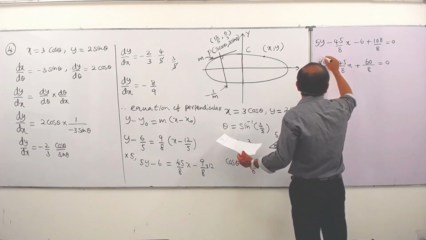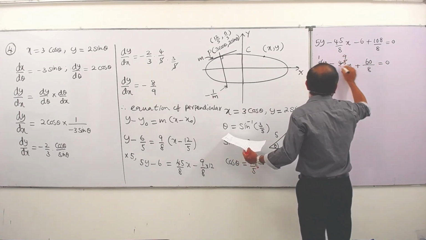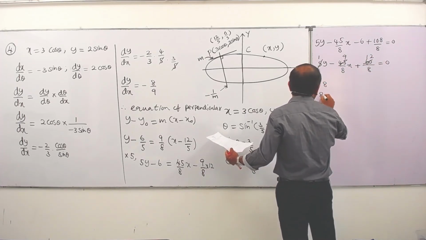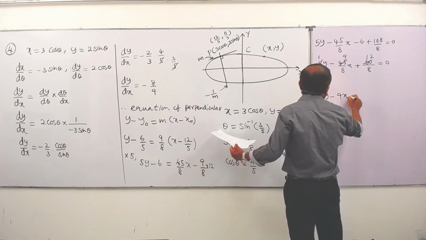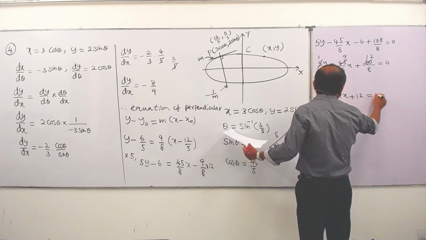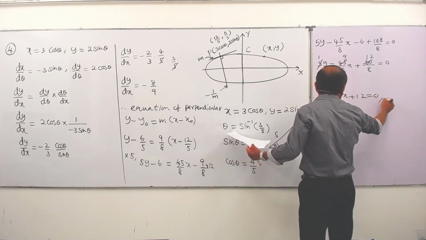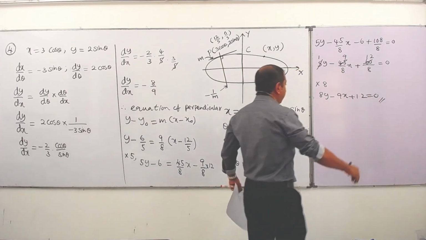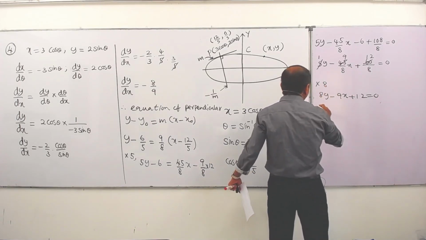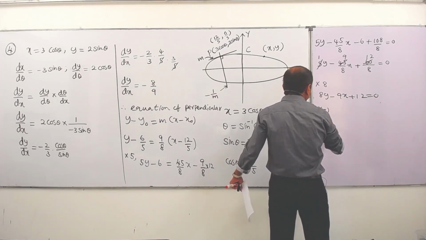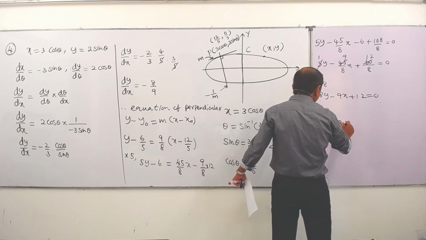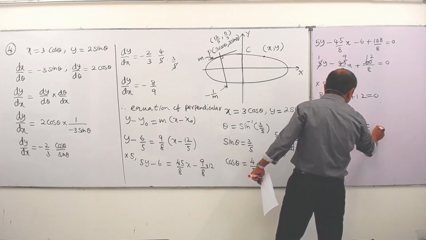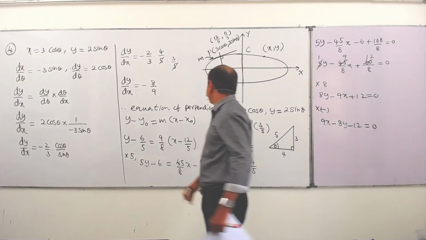Cancel down by 5: 9, here 12, multiply by 8. 8y minus 9x plus 12 equals 0. We can further multiply this by a minus sign. Then we get 9x minus 8y minus 12 equals 0.